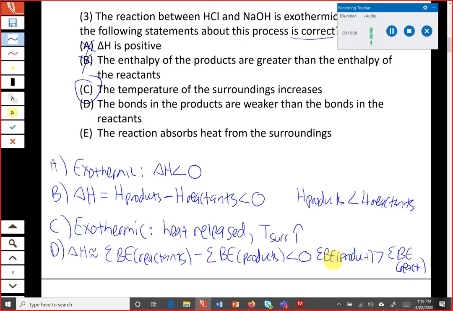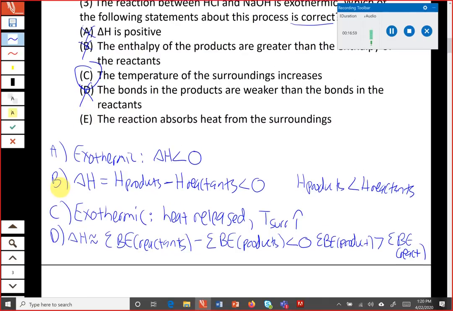So in an exothermic reaction, the bonds on the products are stronger than the bonds on the reactants. And so this one would be false because it's the opposite of what it should be. In an exothermic process, you're forming chemical bonds which are stronger, and you release that excess energy as heat, and that's why it's exothermic.